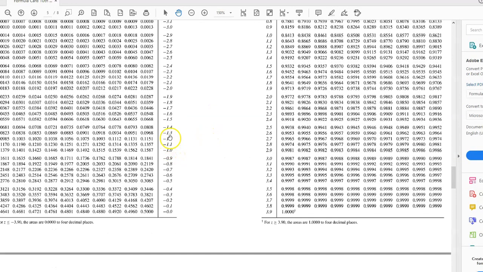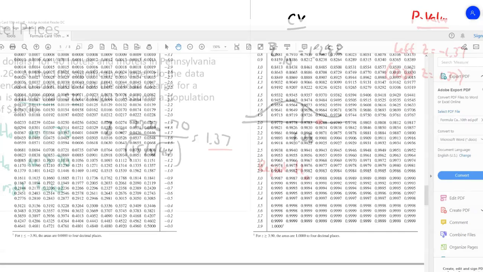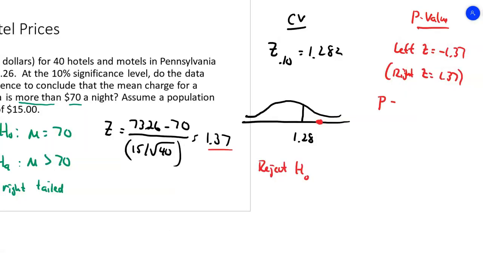So negative 1.3, 0.01, 2, 3, 4, 5, 6, 7. I get 0.0853. All right, so even if I round it to the nearest hundredth, I get 0.09. My significance level was 0.10, so p is less than alpha, so I can reject the null.